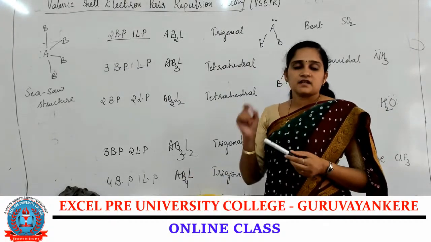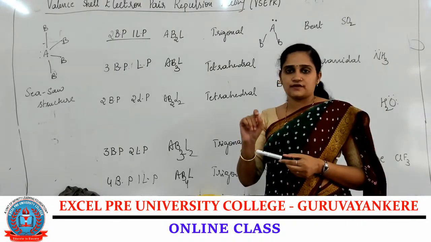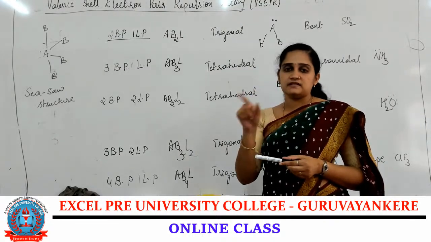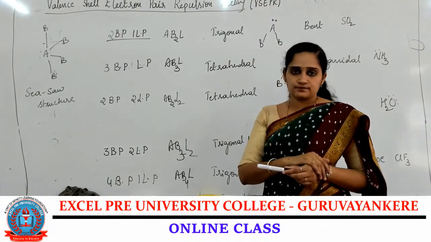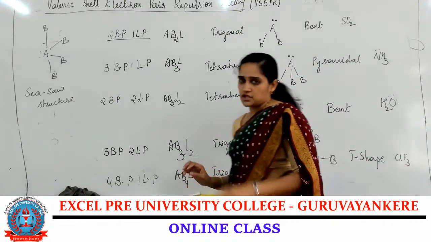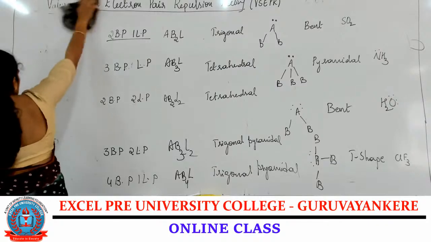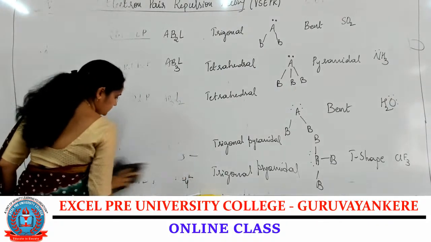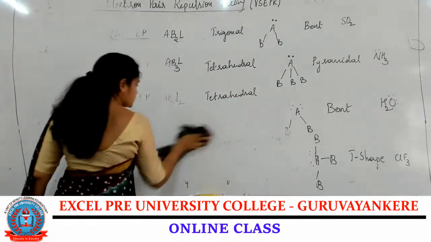It's like write the structure of AB2L, or write the structure of AB2L2, or what is the geometry of AB3L kind, what is the shape of AB2L2. So that kind of questions will be asked for the NCERT, but for the competitive part, it is important. So these are about the valence shell electron pair repulsion theory.